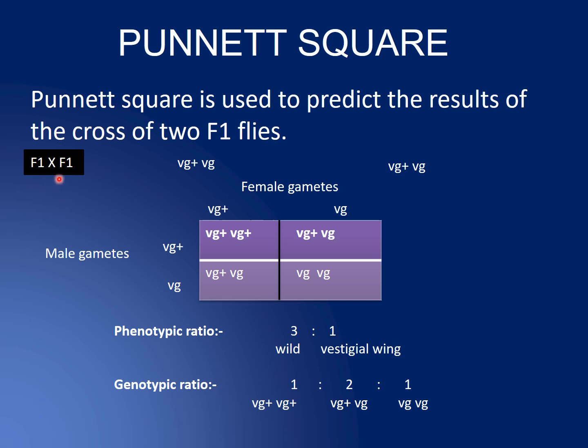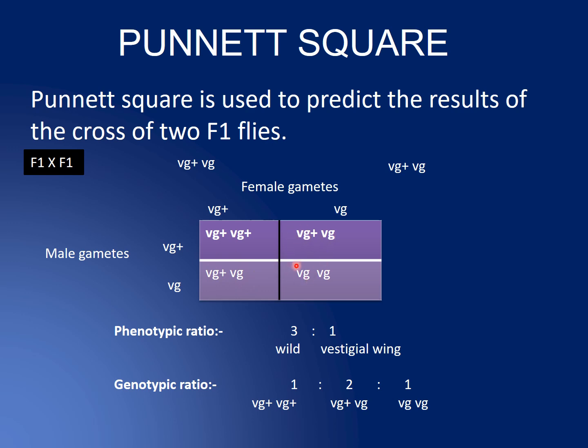Punnett square. A Punnett square is used to predict the result of the cross of 2 F1 flies. The kinds of gametes that each member of a cross produces are determined and placed along the axes of the square. These are the male gametes, and on the upper half these are the female gametes, while the combining gametes in the interior of the square show the result of mating.